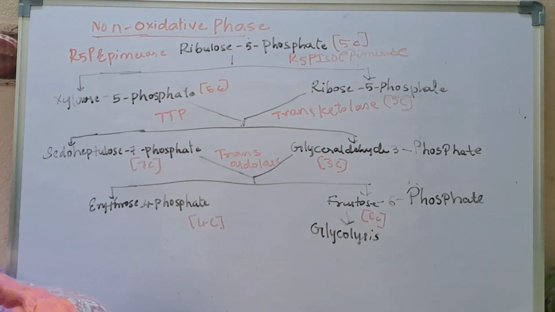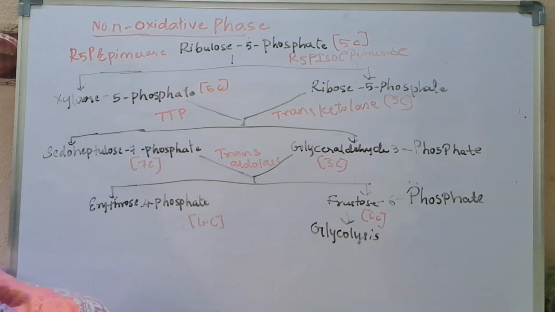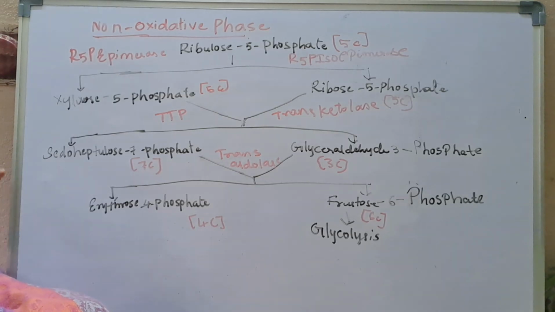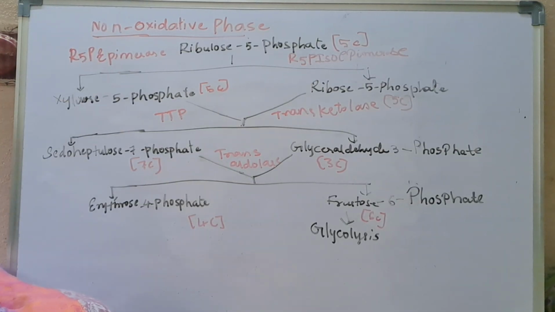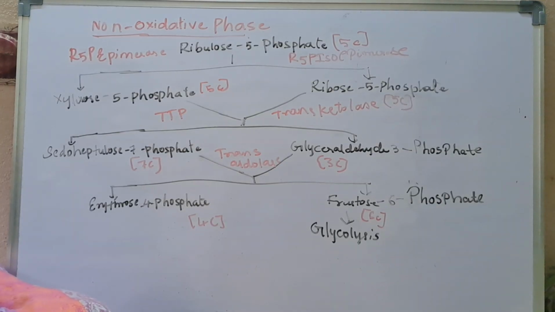And if the question is asked, write the cycle of the HMP pathway, just write the whole cycle, and keep headings as oxidative and non-oxidative. Just write an intro of that. If they are asking to write the complete cycle, include the whole cycle in one go. If they ask only for the oxidative phase cycle, include only that. If they ask for both, write as I wrote on the board, and the intro should be written.